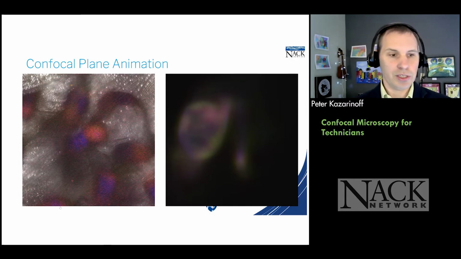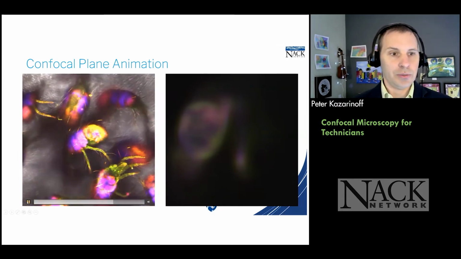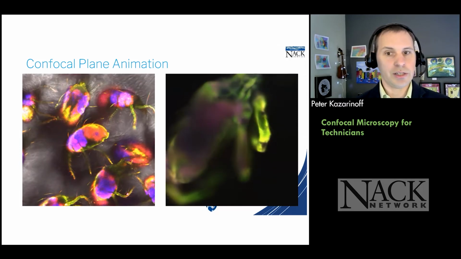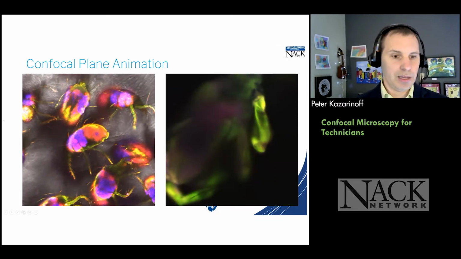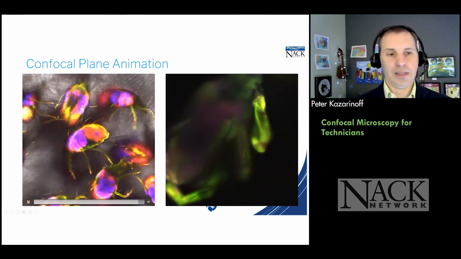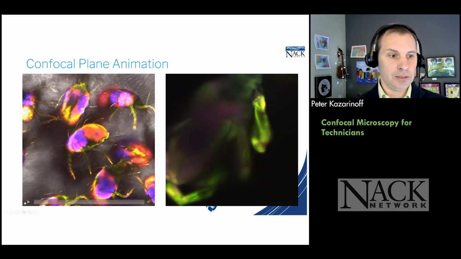So the first one I'm going to show are the mites. So here what we can see is sequential vertical planes being collected by the laser scanning confocal microscope. And then these planes have been assembled together to make a little movie.